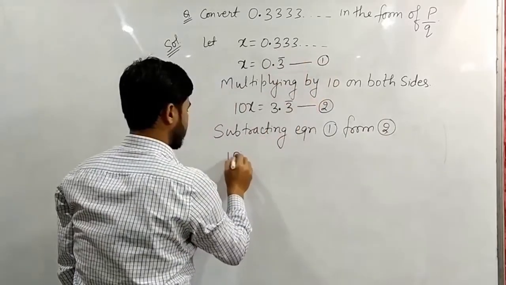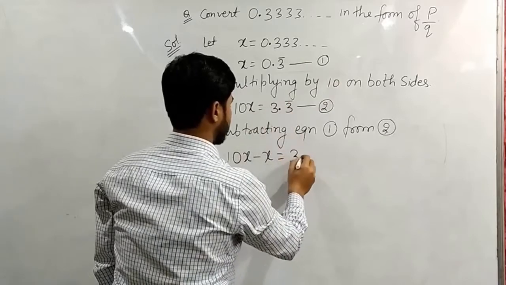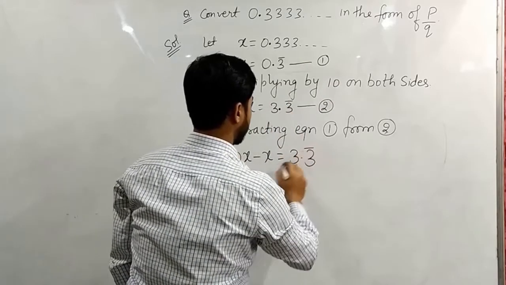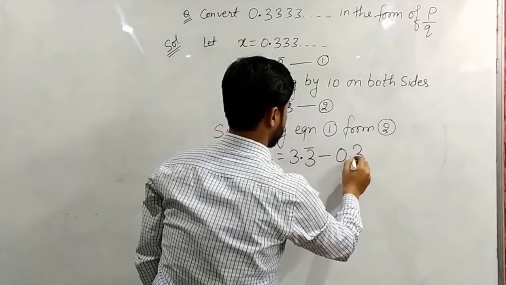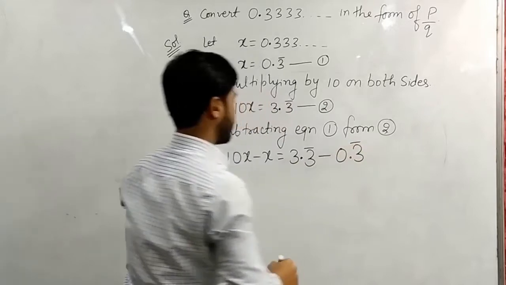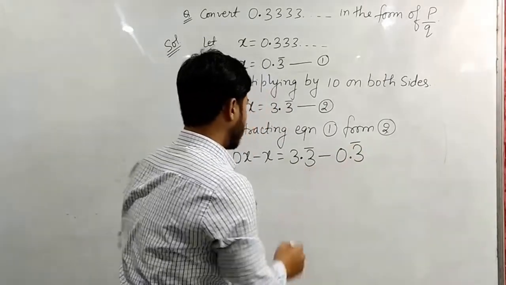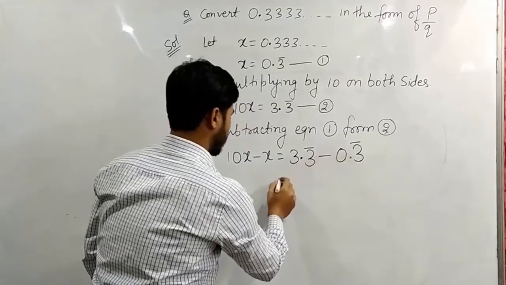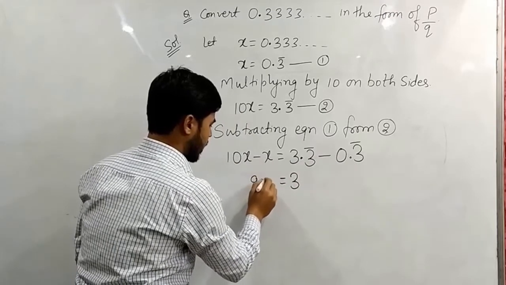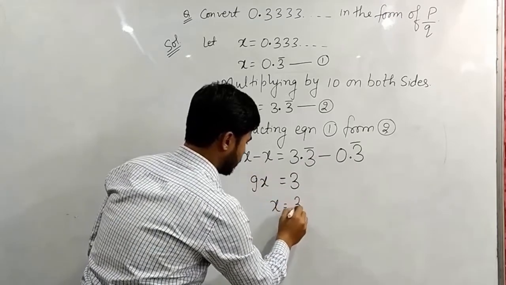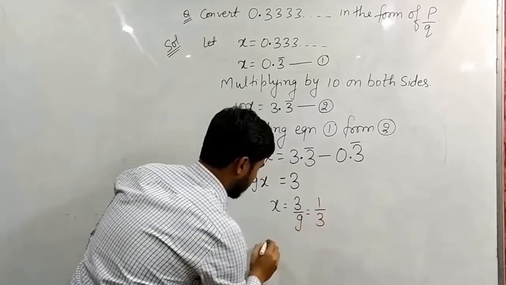So we write 10x minus x is equal to 3.3 bar minus 0.3 bar. Now the digits after the decimal are going to cancel as they are the same. So 3.3 bar minus 0.3 bar is equal to 3. 10x minus x is equal to 9x. x is equal to 3 by 9. So the answer is 1 upon 3.